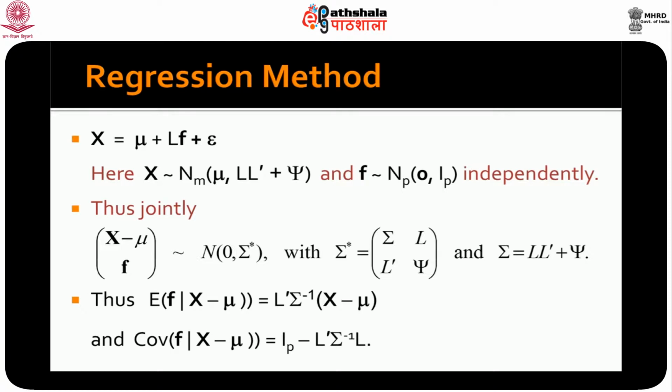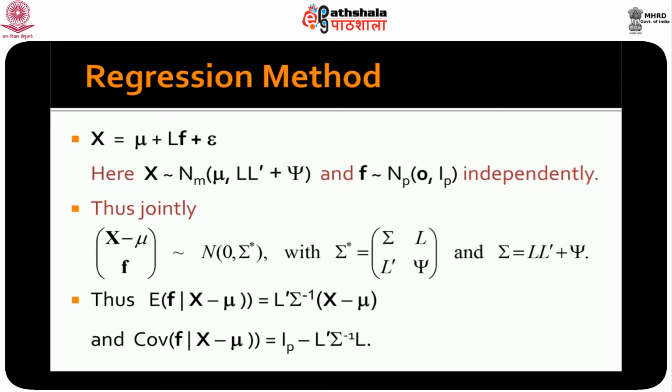Similarly, we have f, which is also distributed as normal, and remember we have assumed that f has a mean of 0 and a variance which is equal to I. So if we take x minus mu and f together, then the joint distribution of this, now we have how many? m plus p variables, m of x minus mu and p from f.